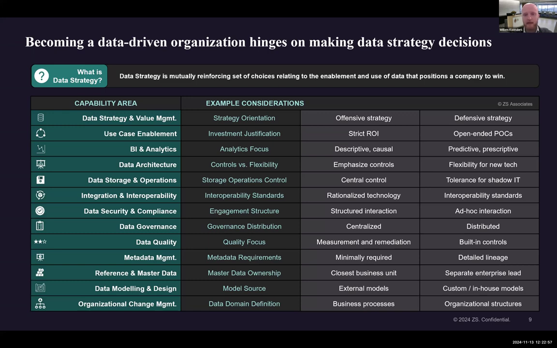Like you want to have the data in a certain place, that it's locked down, it's protected. And you can do a bit of both of these, but in terms of your overall strategy and where you decide to invest, when you pick one or the other, it really impacts everything else that's on this page actually. So to kind of help enable that, maybe I'll take the next one around use case enablement.